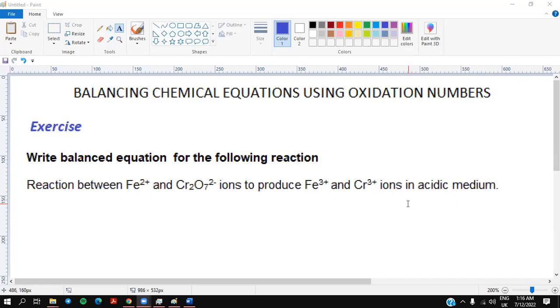At the end of the discussion that we had, you can see whether this reaction can be balanced: Fe2+ and dichromate ions to produce Fe3+ and chromium 3+ ions in acidic medium. Easy, you can do it.